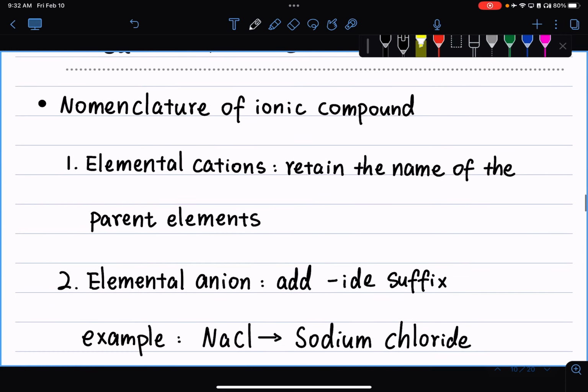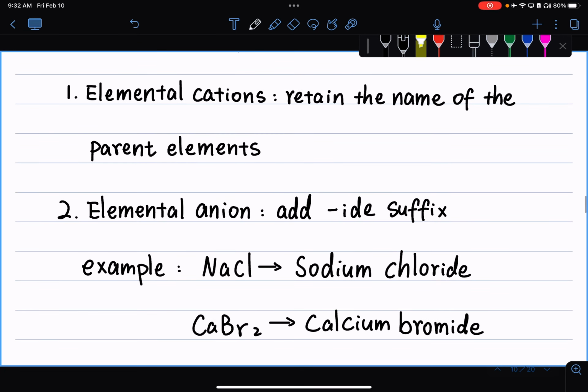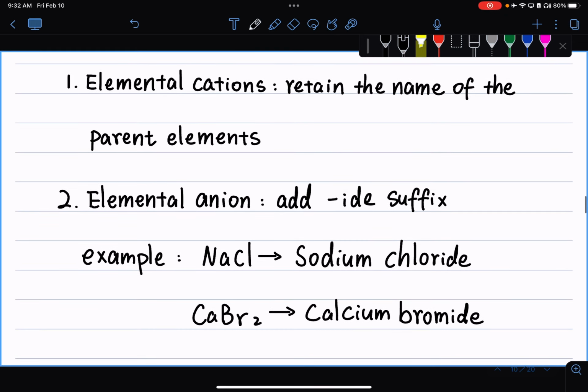And at the very end, we have nomenclature. Typically, in an ionic compound, the element cations retain the name of the parent elements. If we have sodium chloride, sodium is just sodium. We're not changing the name of the sodium. But for the element anion, you add -ide at the end.